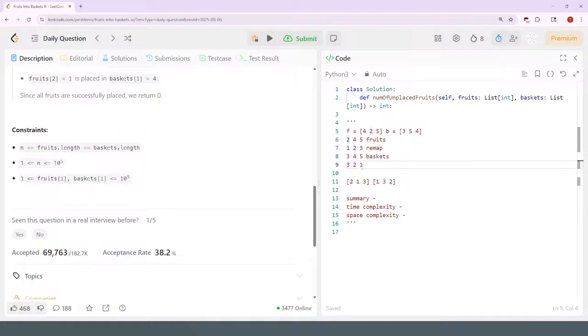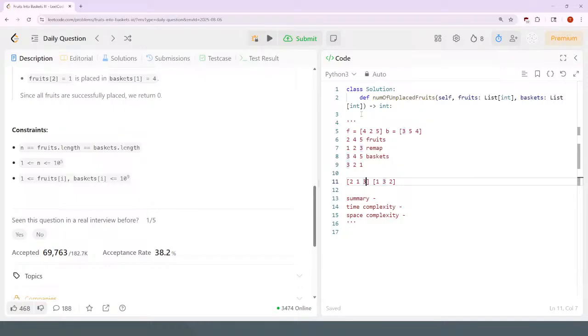1, 2, 3, 4, 2, 5. Question is whether or not the remapping is any good. Why not?